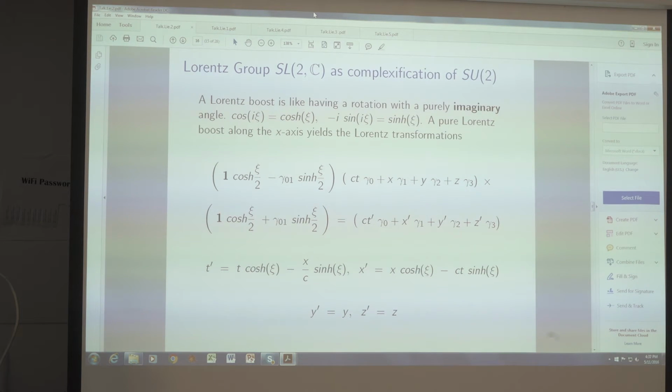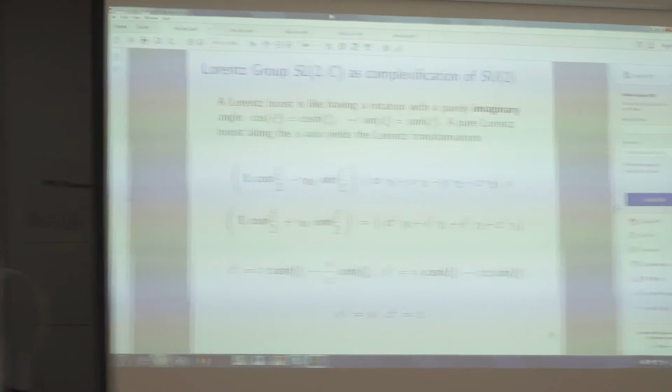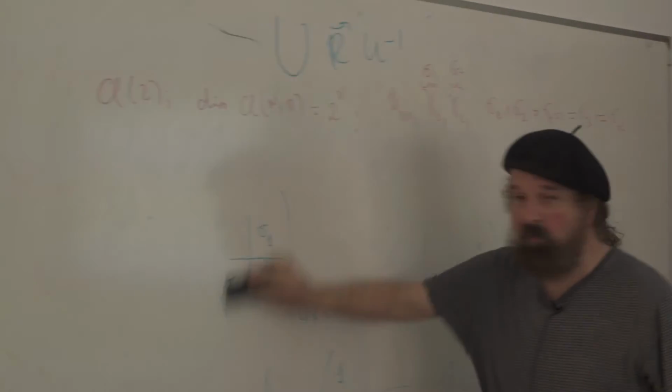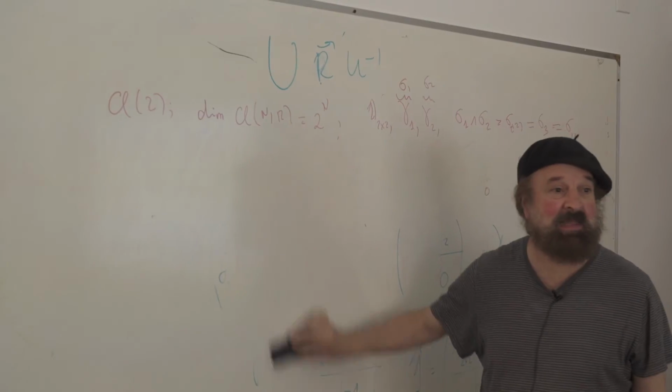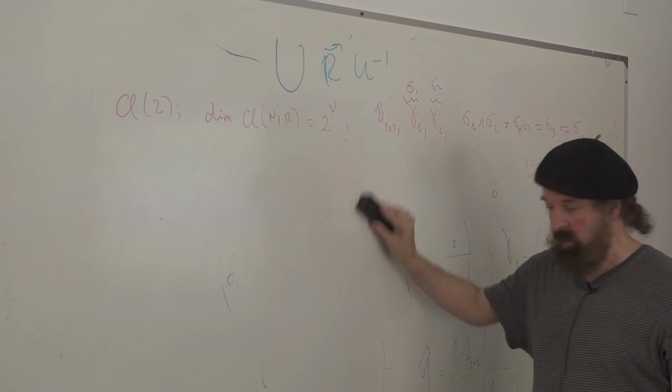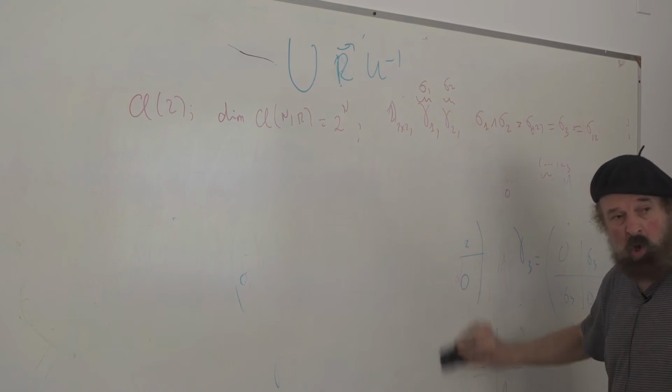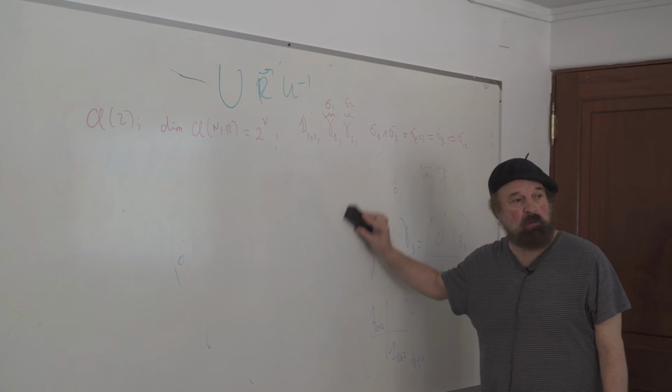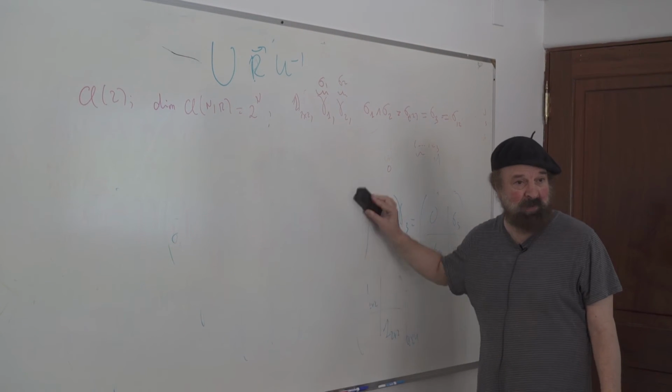What is the corresponding transformation that you get? It's much more complicated because now, remember, in order to be rigorous, for every generator you have to associate a parameter. Here I'm performing an ordinary rotation along the 0-1 plane.